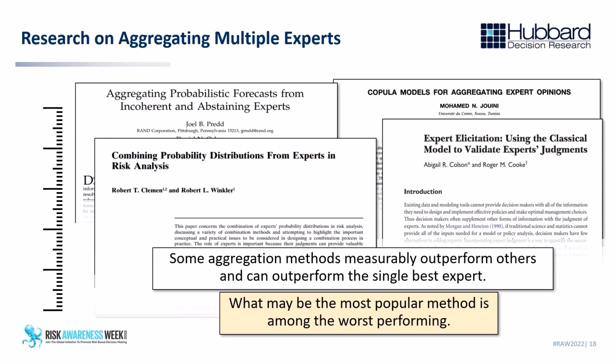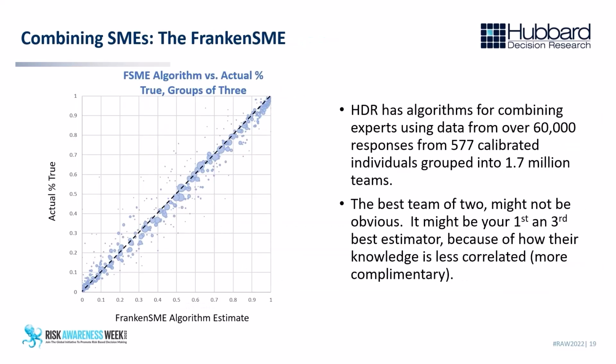This is mathematically correct. The math behind this actually agrees with what we observe empirically. You may have seen me speak last time when I talked about one of the expert aggregation methods we've been testing for a while. It's a method for combining the estimates of multiple independent SMEs. We call it Franken SME. And we get very good results.